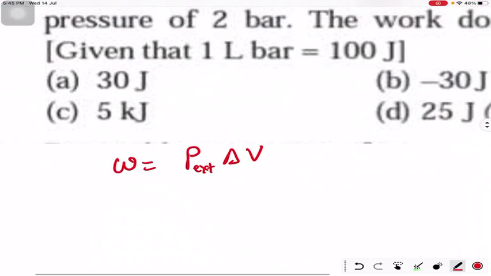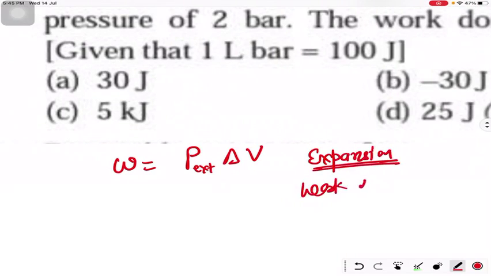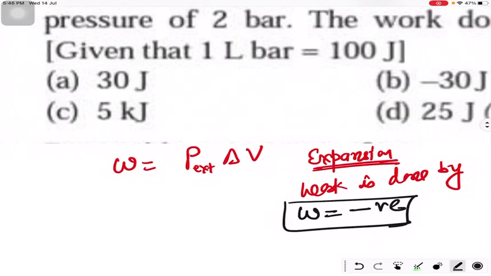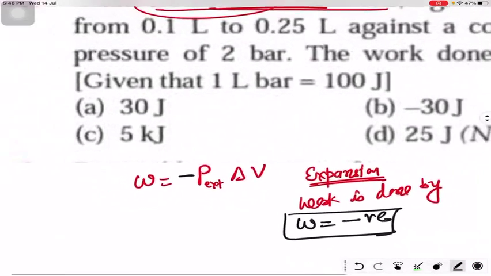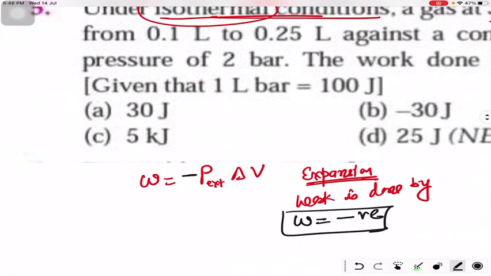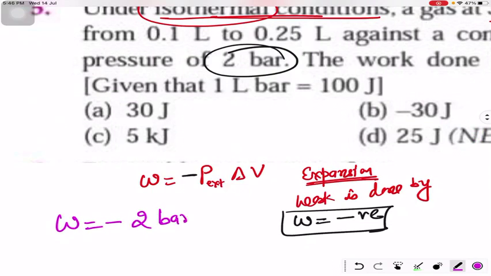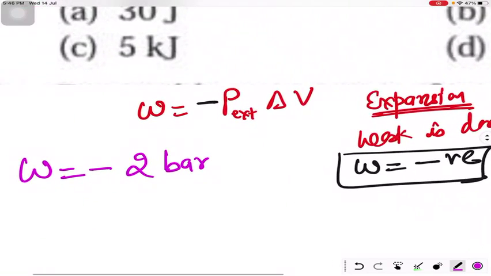Now, because the gas is expanding, it means work is done by the system, and by sign convention W is taken as negative. So we can put a negative sign here. Upon putting all the values, external pressure is 2 bar, and volume change means V2 minus V1.